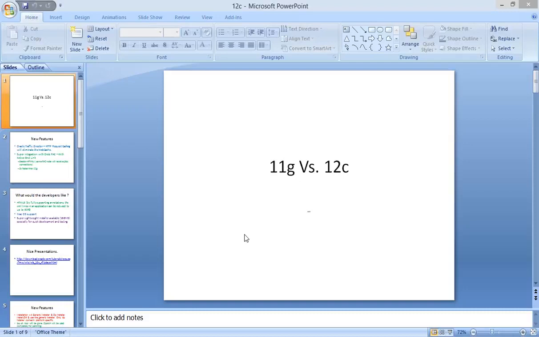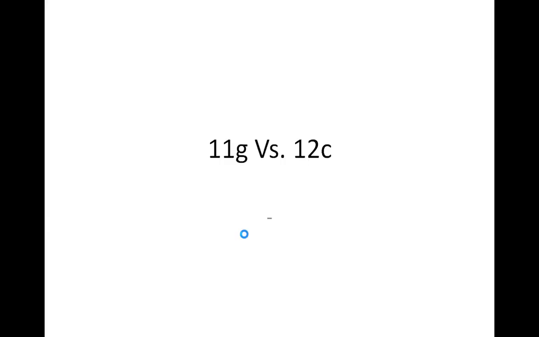12c comes after 10.3.6 of WebLogic. There is no 11 version, so you have 12.1.1 and 12.1.2, that's release 2. Even between 12.1.1 and 12.1.2 there are a lot of changes, but not that much.